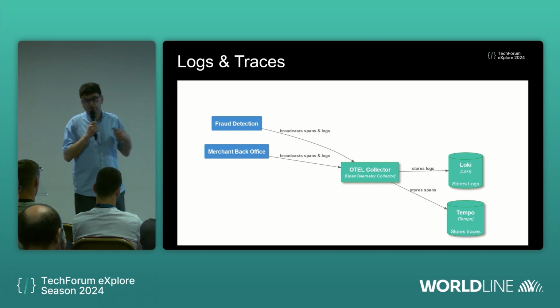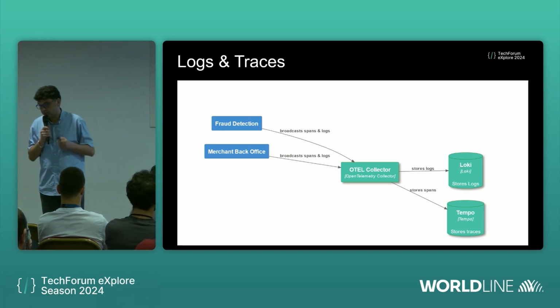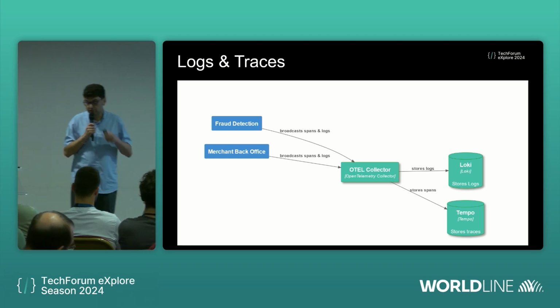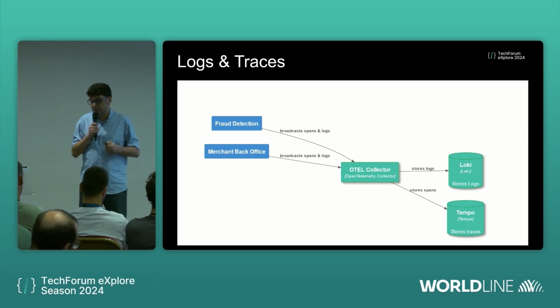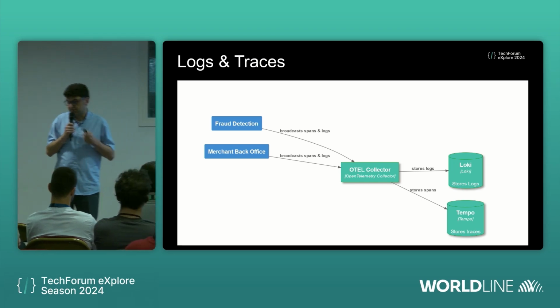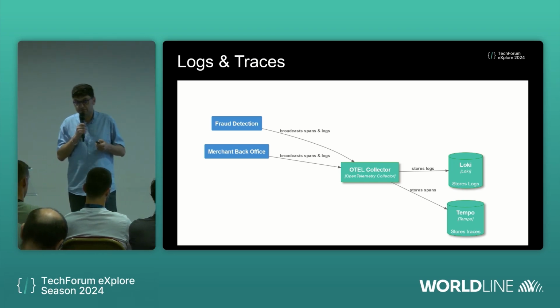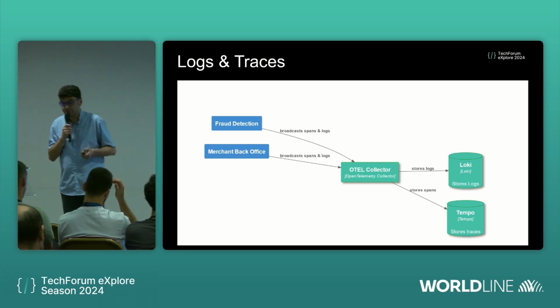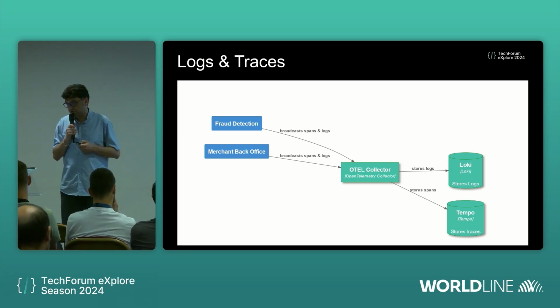Then what about the logs and traces? The logs and traces are grabbed on all microservices and then broadcasted through the OpenTelemetry collector, which is responsible for storing them into Loki for the logs and Tempo for the traces.